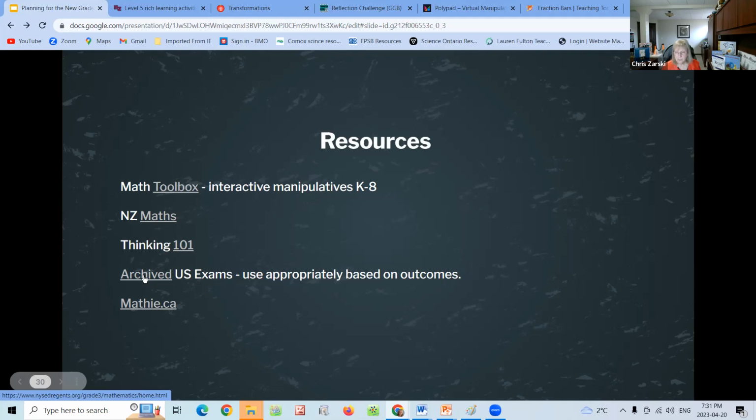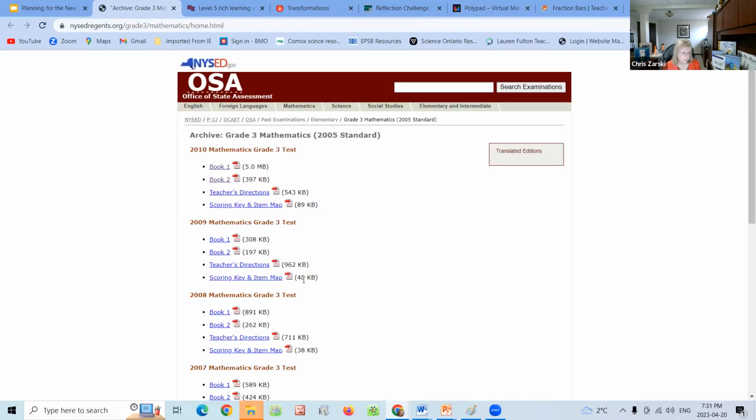You may not be familiar with that, so they're leveled based on complexity is what they're looking for. But sometimes we just need a new example, or maybe I need a new picture that I can build a task out of. So I'm not suggesting to use these exams in their entirety for anything, but as a grade 3 teacher who's maybe looking for some new ideas and new things that they can put together, these archived exams would be helpful to you for sure.